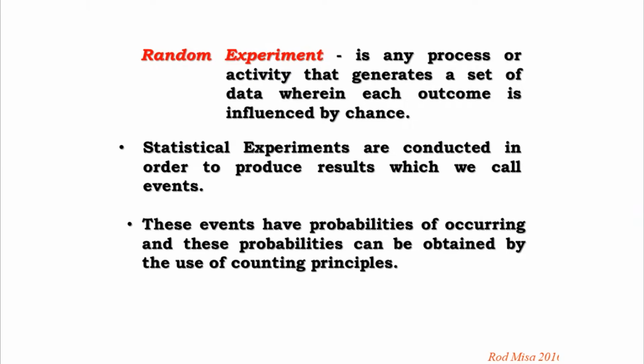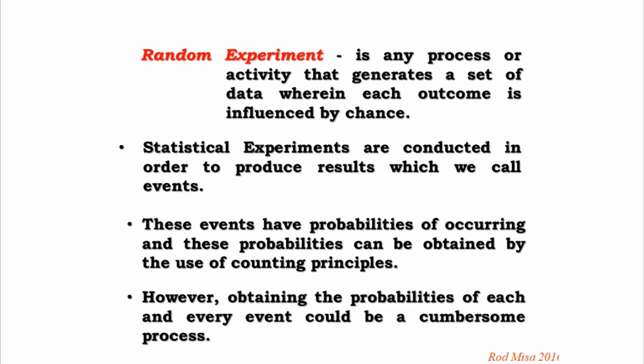And these events have probabilities of occurring, and these probabilities can be obtained by the use of counting principles, which we've learned in the previous videos. However, obtaining the probabilities of each and every event could be a cumbersome process. So therefore, we may find some ways in order to ease the computation.